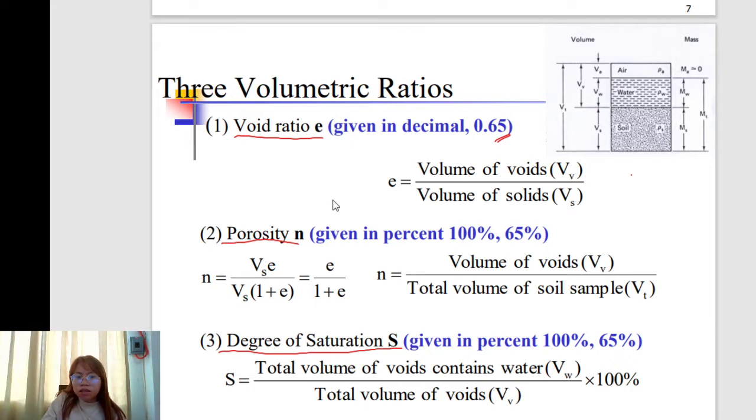This porosity is equal to the volume of voids divided by the total volume of the soil sample, or V sub T. You can also express the porosity as the void ratio e divided by 1 plus e.